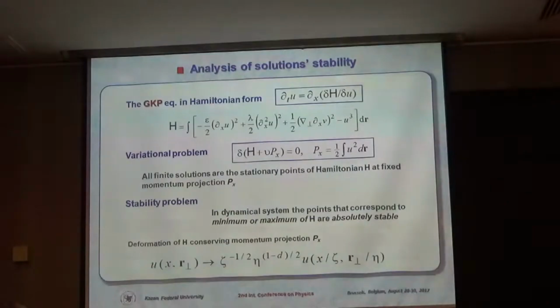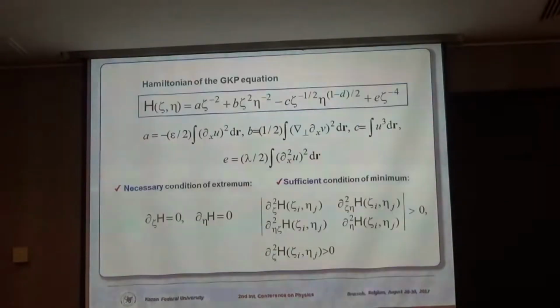All finite solutions are the stationary points of Hamiltonian at fixed momentum projection Px. According to Lyapunov's theorem of stability in dynamical system, the points that correspond to minimum or maximum of Hamiltonian are absolutely stable.